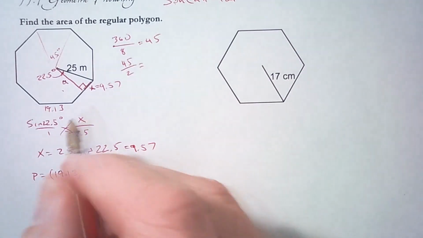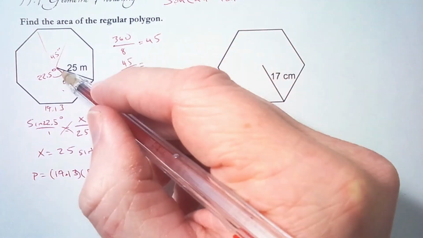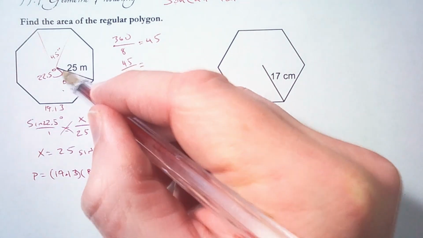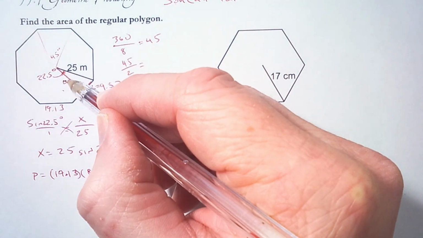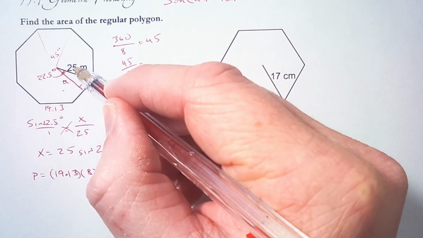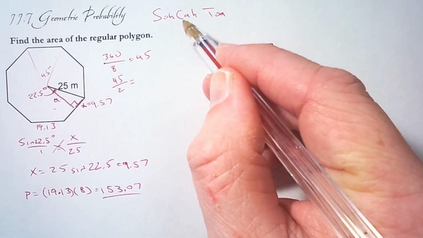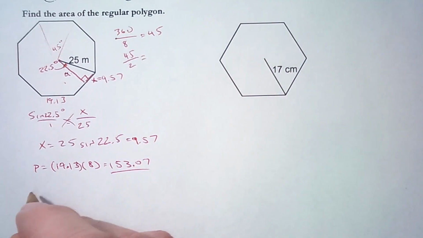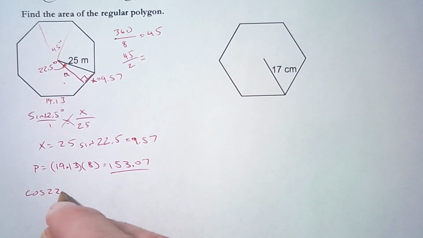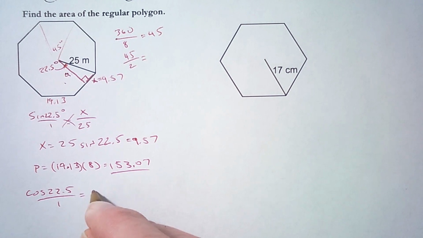Now I need the length of this apothem. Starting at this angle, that is the adjacent side, the adjacent leg, and here's the hypotenuse. Adjacent leg and hypotenuse is cosine. So we'll do cosine 22.5 is to 1 as the adjacent leg, A, is to the hypotenuse 25.